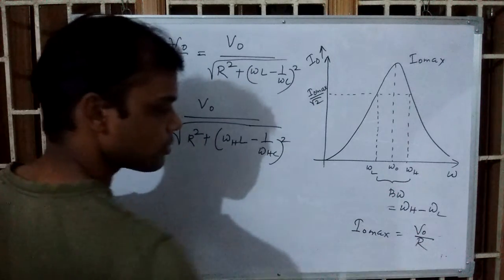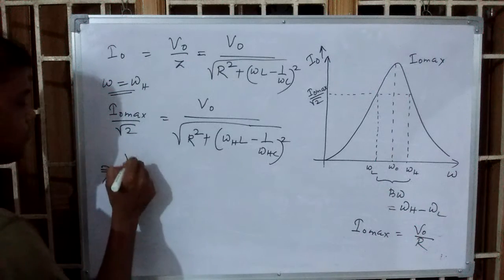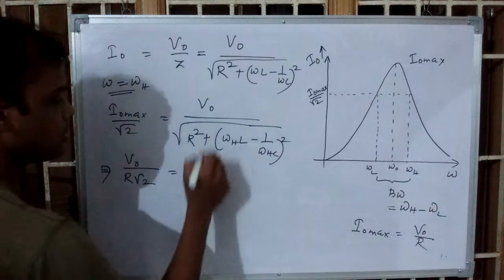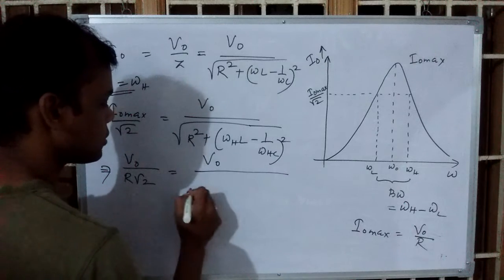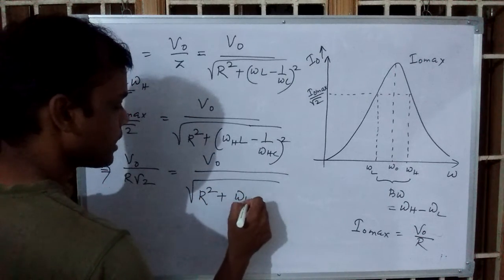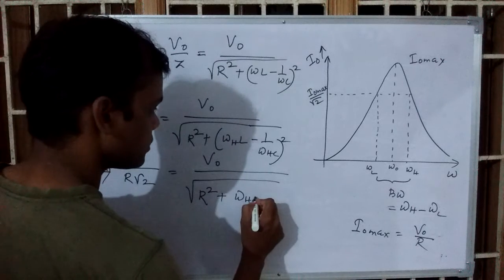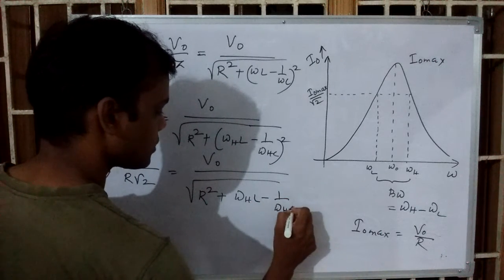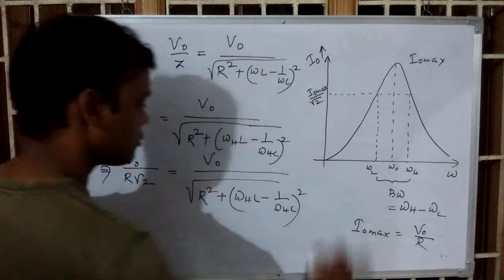I naught max is V naught by R. So V naught by R root 2 is equal to V naught by square root of R square plus omega h L minus 1 by omega h C whole square.